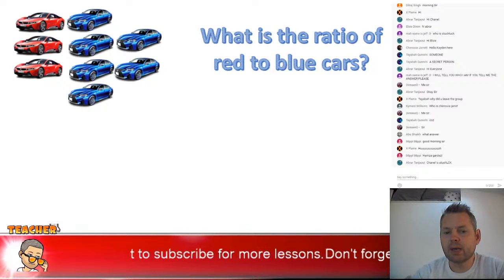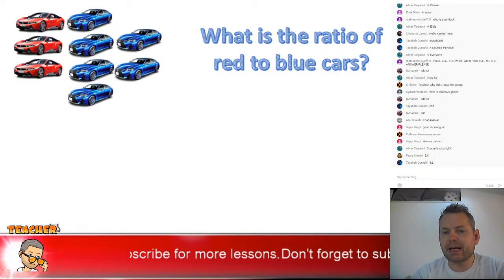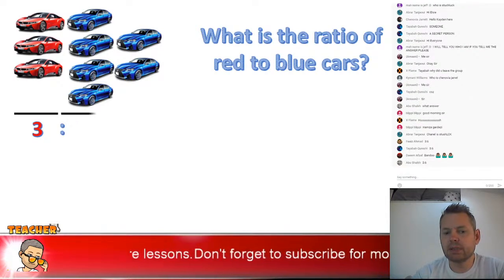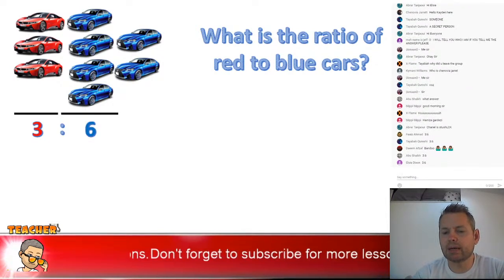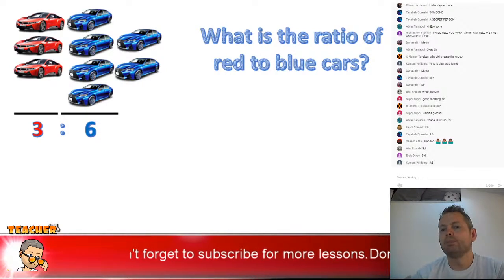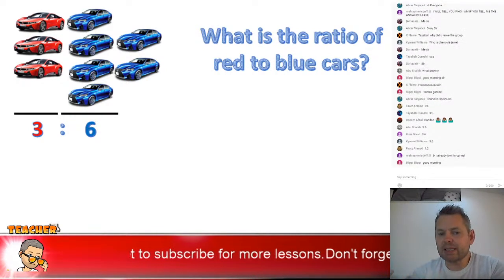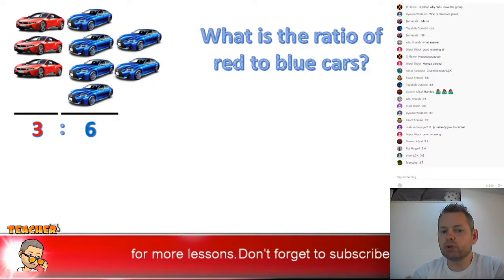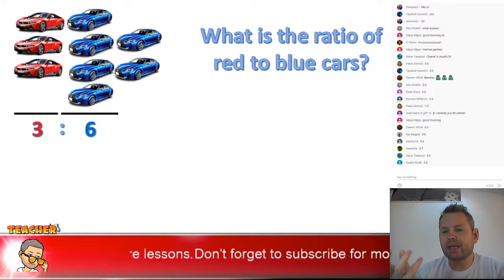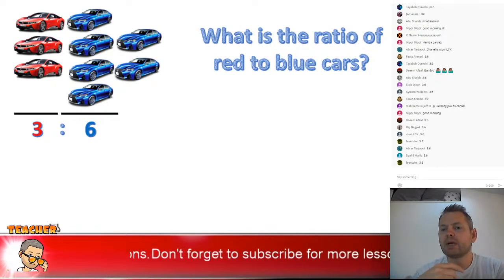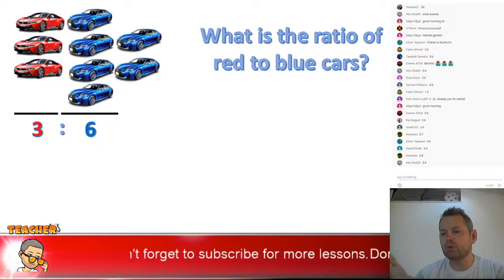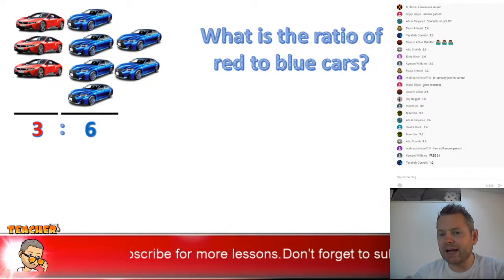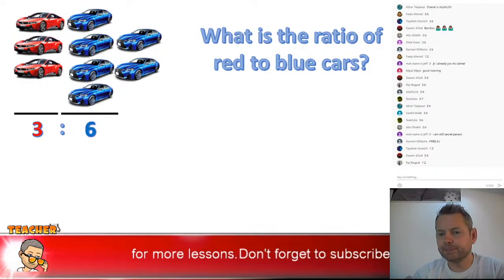So the ratio of red cars to blue cars, okay? So we have 3 red cars and we have 6 blue cars. So our ratio is 3 to 6. But whenever we see a ratio of 3 to 6, we need to see if we can simplify that as much as possible. Now, yesterday, a couple of people said, oh, well, I'm not too sure how to simplify. Simplify just means that we're going to get these two numbers to their lowest possible number by dividing each side, okay?